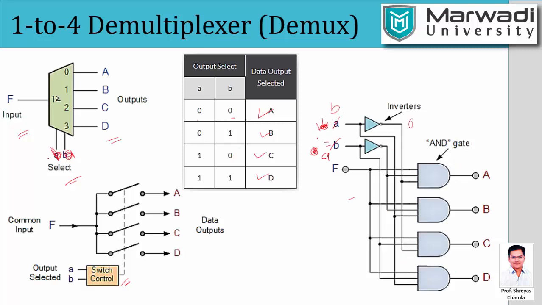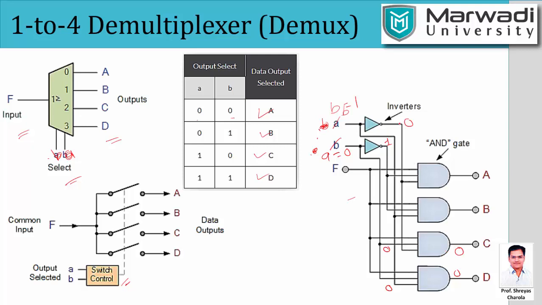Let's take an example: B equal to 1, A equal to 0. Due to this the inverted value is 1, and due to this circuit, both the outputs will be 0 0.